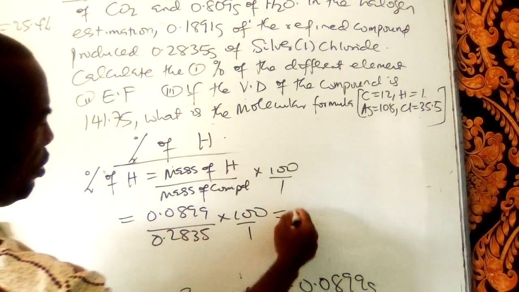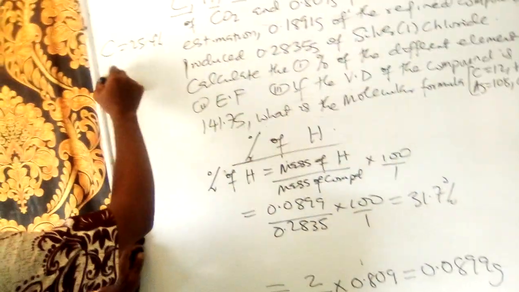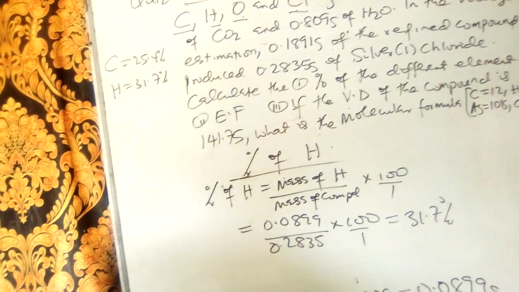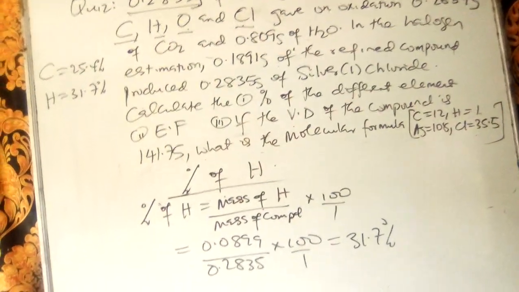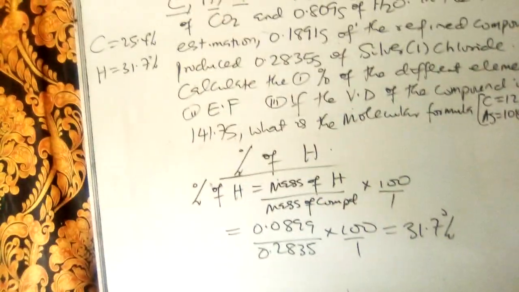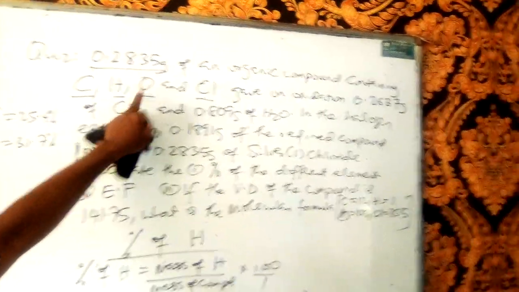When we solve this, we get 31.7%. So hydrogen is 31.7% in the compound. So let's confirm the answer with the calculator. It will give us 31.7%. That's right.